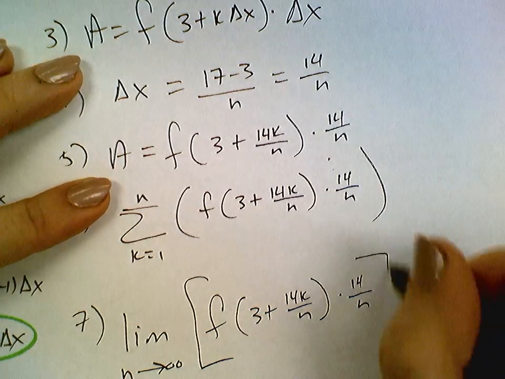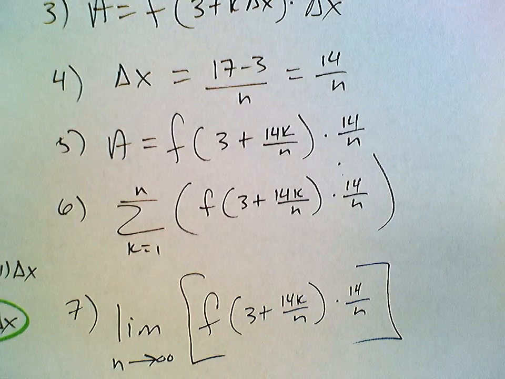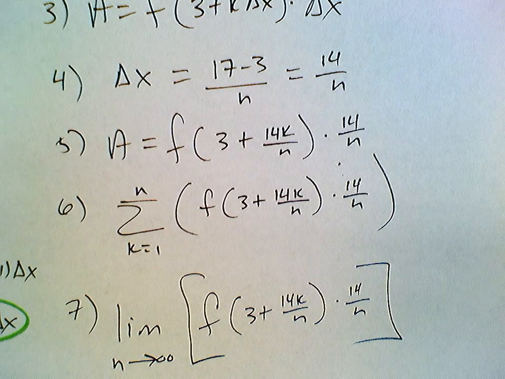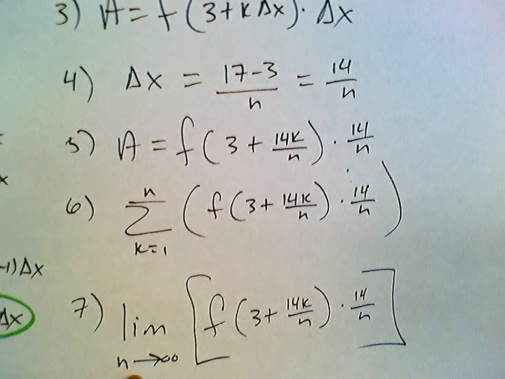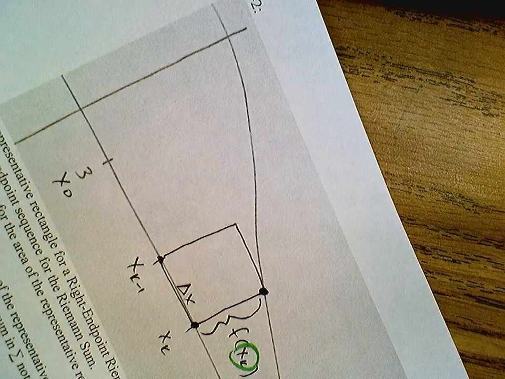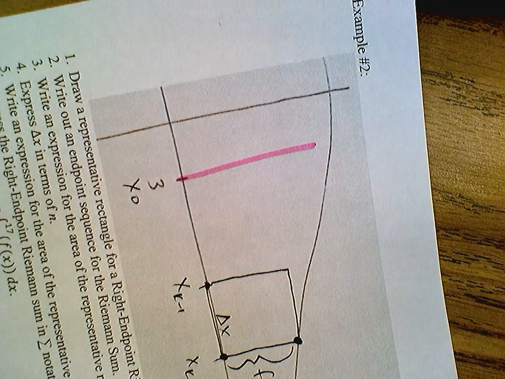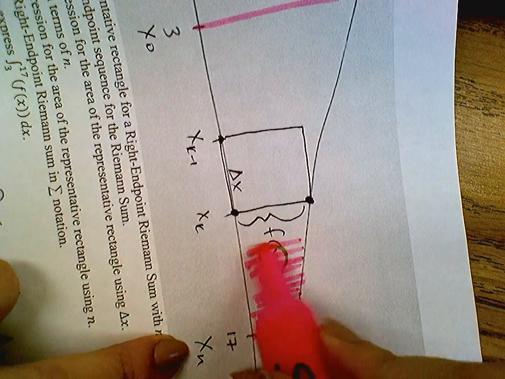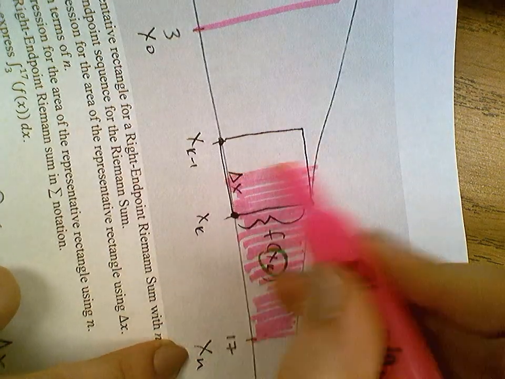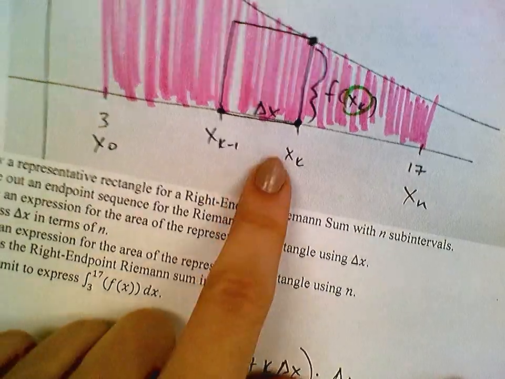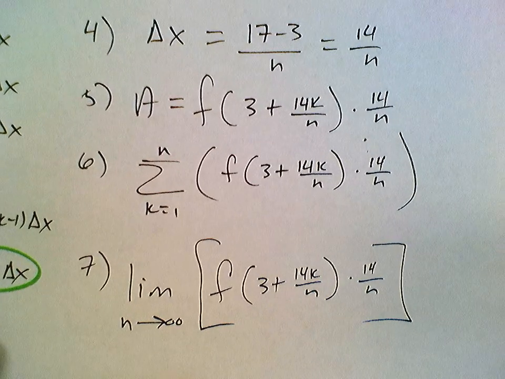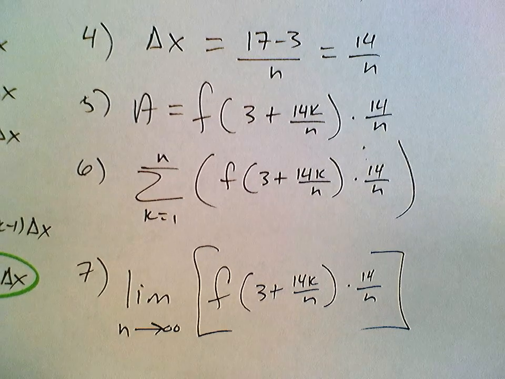The only difference is the limit. When I let n go to infinity, that means that we have infinitely many rectangles. And if we have infinitely many rectangles, then delta x is approaching 0. And then this is the exact area.